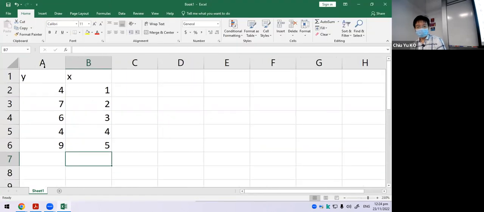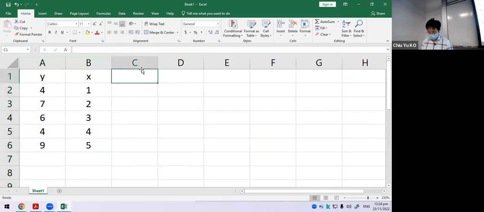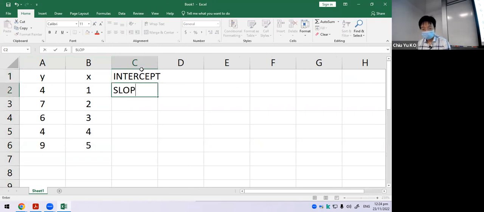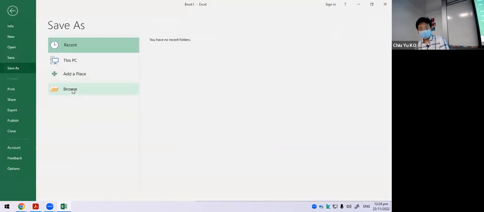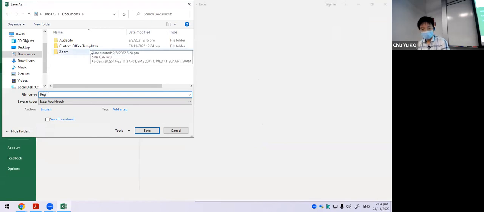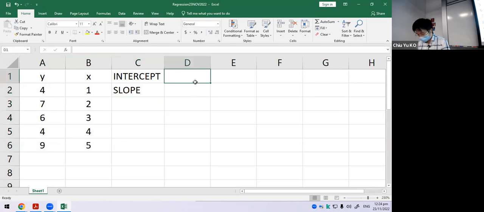Now, what I want to do first is to remind you of the two functions that we learned last time: the intercept and the slope function. Let me save the file because I'm not sure how stable this data is. How do we do that?